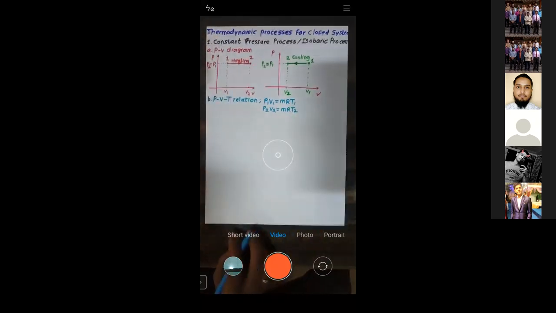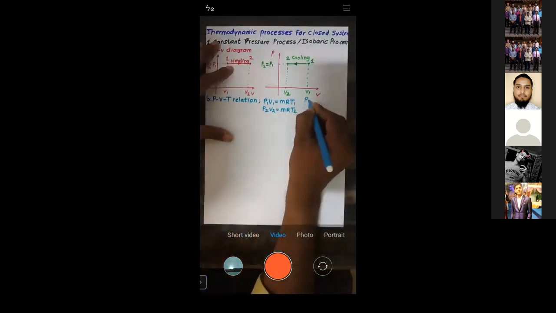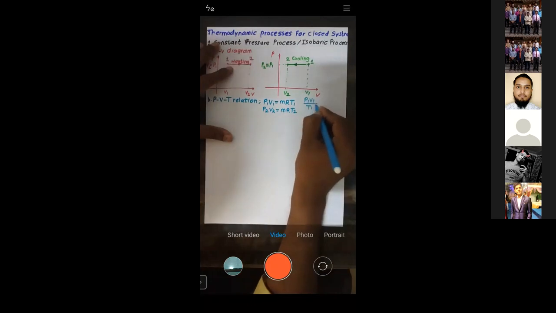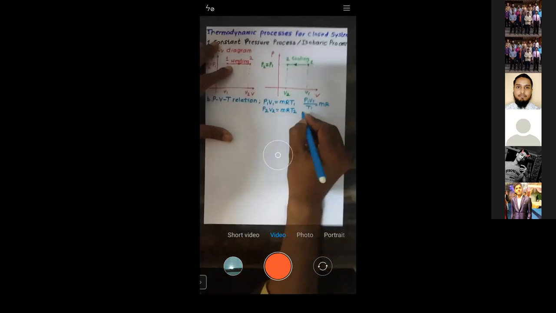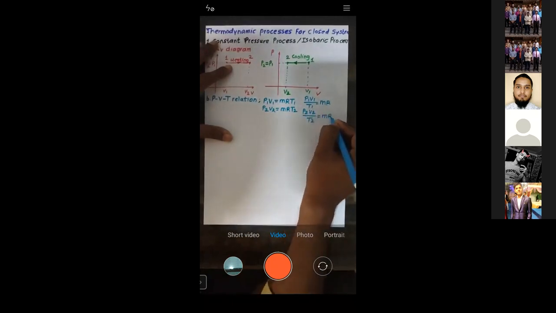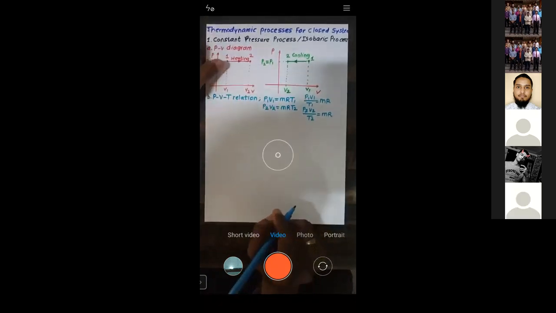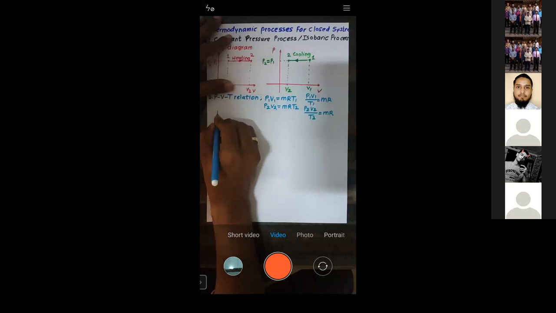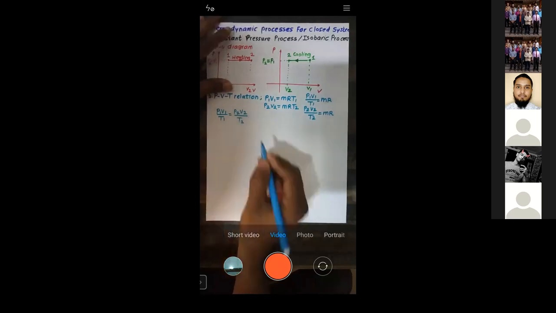So from the first equation, I can write P1 V1 by T1 is equal to MR. Similarly, P2 V2 by T2 is equal to MR. So from these two equations, I can write P1 V1 by T1 is equal to P2 V2 by T2. Is that okay?